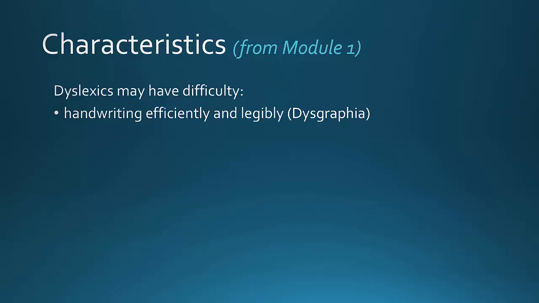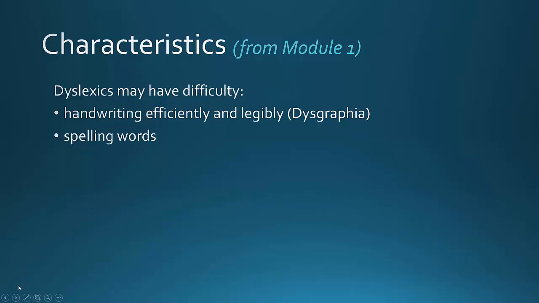So how do we know if a student is exhibiting those characteristics of dyslexia? I'm just going to bring up the slide from Module 1 Screencast Review. You remember that dyslexics may have these following characteristics. So, handwriting inefficiency, handwriting that's very labored or is very difficult to read. We talk about that as dysgraphia.